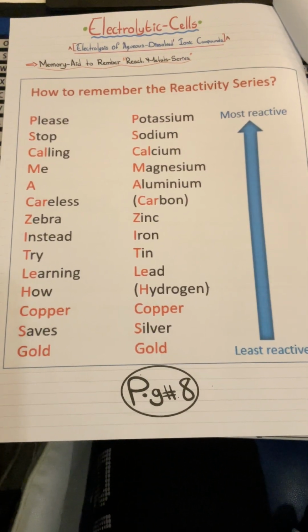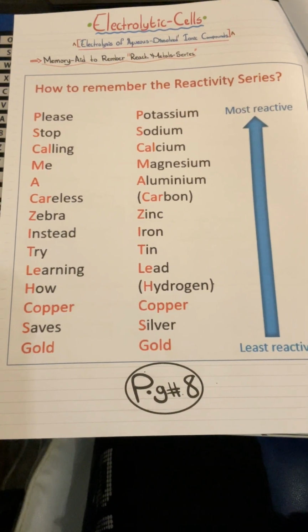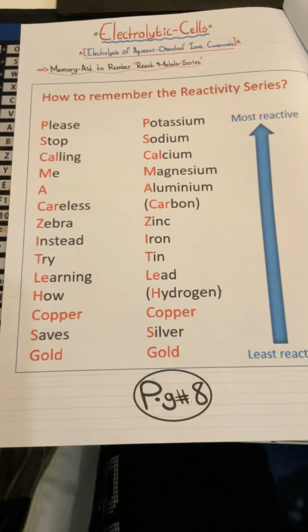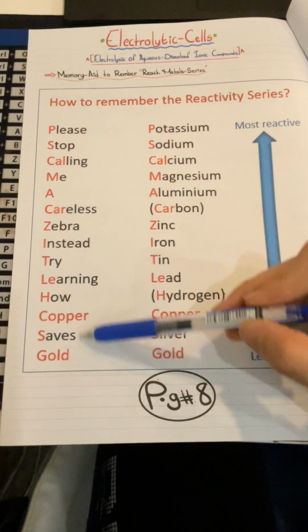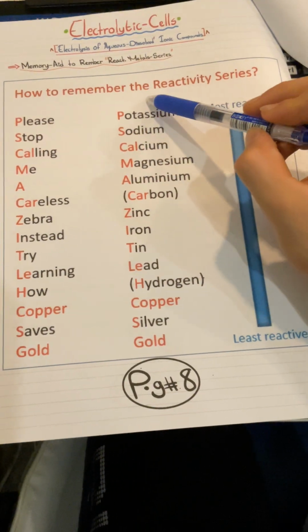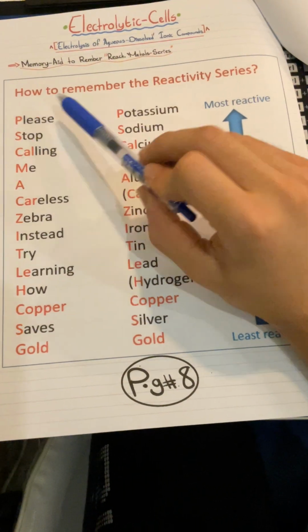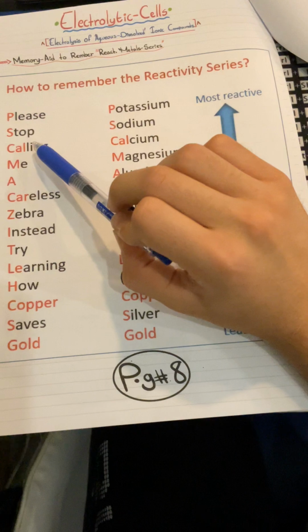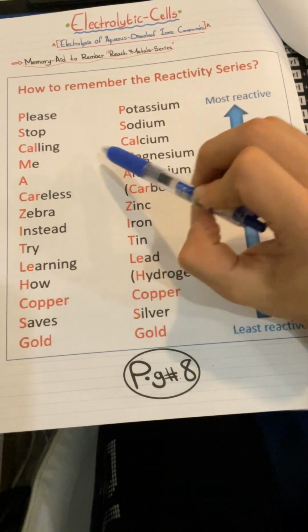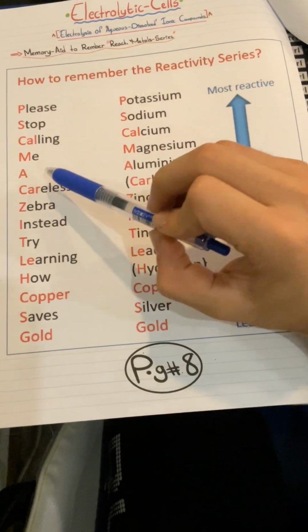An amazing mnemonic: Please stop calling me a careless zebra. Instead, try learning how copper saves gold. Just remember this sentence. It's very easy to remember. Just relate the first letter to the element. Please, P for potassium. Stop, S for sodium. Calling, calcium. Me, magnesium. A for aluminium.